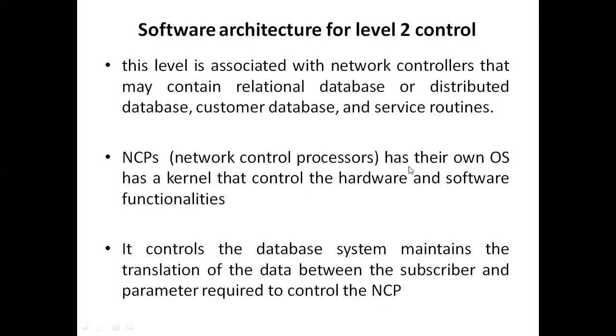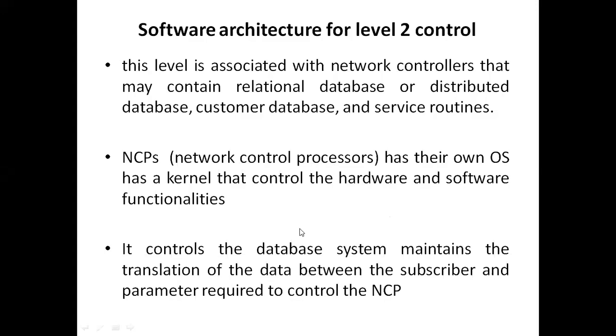The network control processor has its own OS, and it controls the software and hardware functionality. Even in this case, as the system is distributed, the NCPs have their own kernel, or in this case OS, to perform some of the control operation of their hardware and software. It controls the database system, and maintains the translation of data between subscriber and parameters required for the NCP.